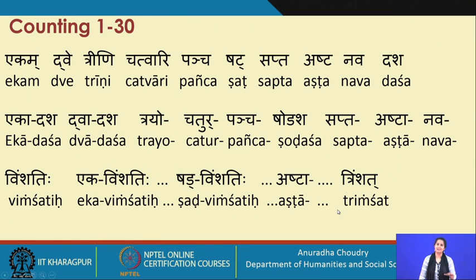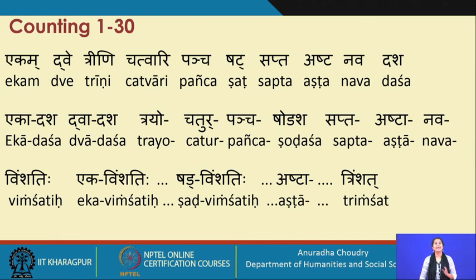Now you will notice that there are certain patterns in the way the counting happens, and therefore I haven't written out every single numeral, because I want you to start listening to, or rather remembering, the logic of the patterns of the sound formations of the numerals. What I've written out is only the ones where there is a certain difference. So we have vimshatihi.